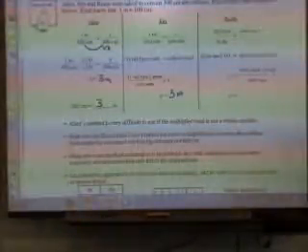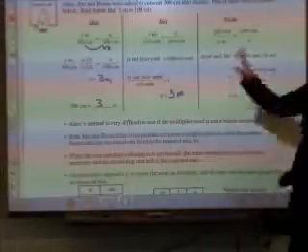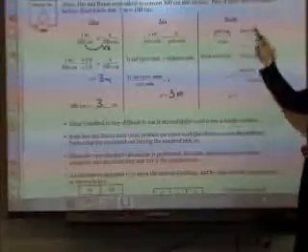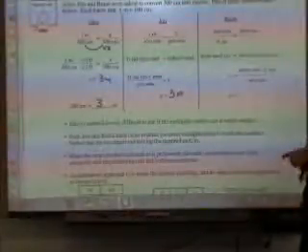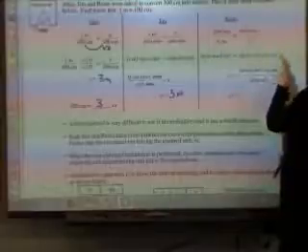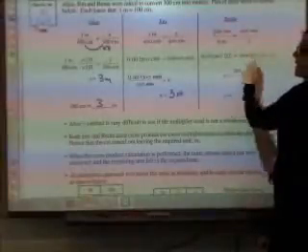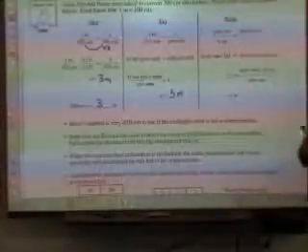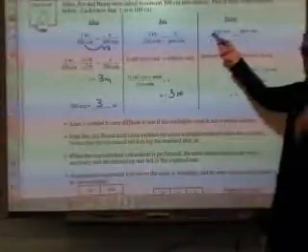And then all that Rima did differently is she set up her proportion where she had 100 centimeters equals 1 meter. So she put hers on the top, still did the same cross multiplying. And if you notice, when she cross multiplied, her line is the exact same as Jim's, which is what will happen if you set up your proportions correctly. It doesn't matter what is on the top and what is on the bottom as long as you're consistent.